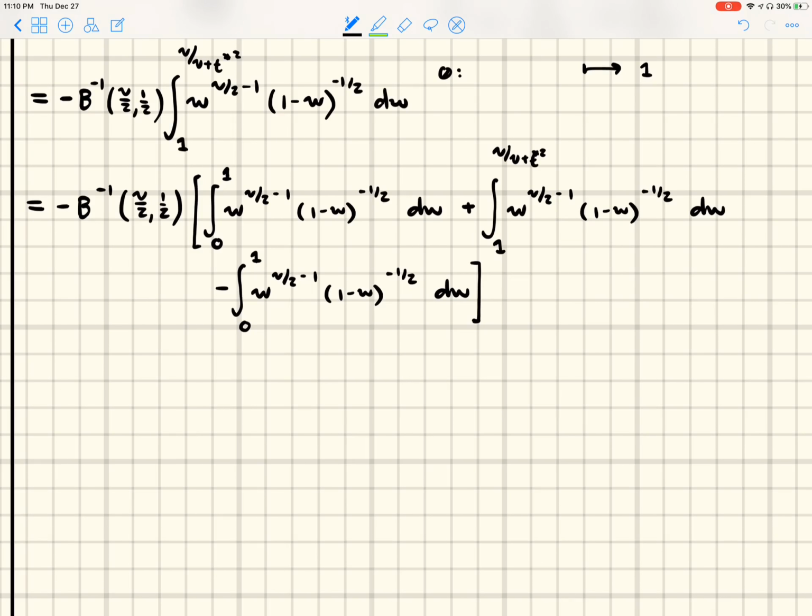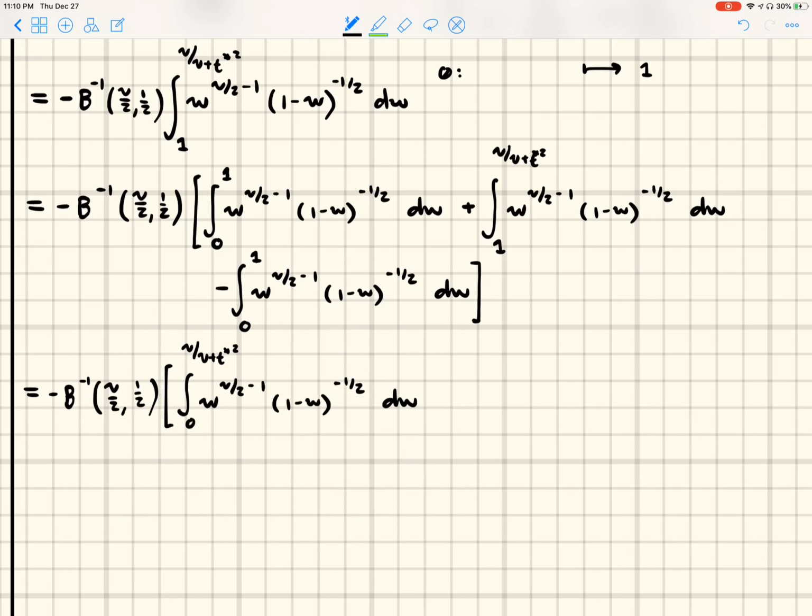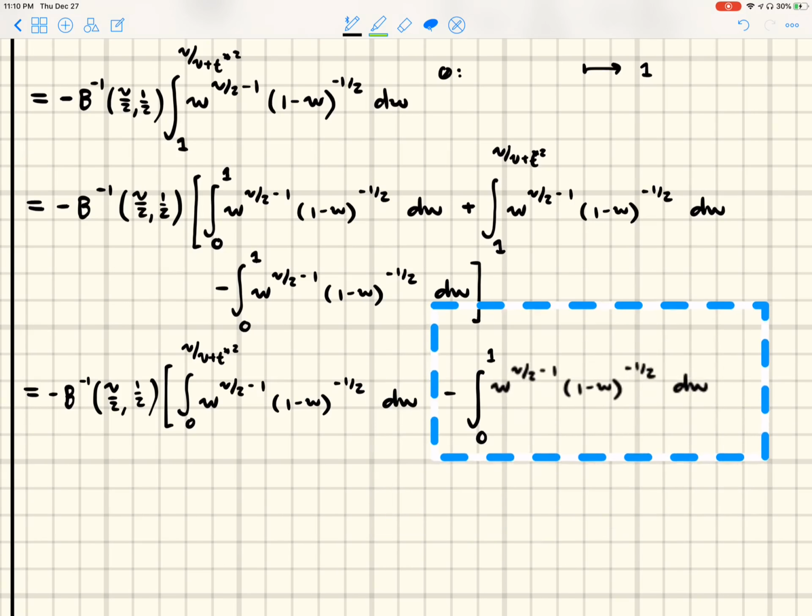Now, we have some identities that we can use, but first we're going to simplify this out. We're going to get from 0 to this upper limit of integration, we've got that integrand still, and then we're going to subtract off this term that we came up with.